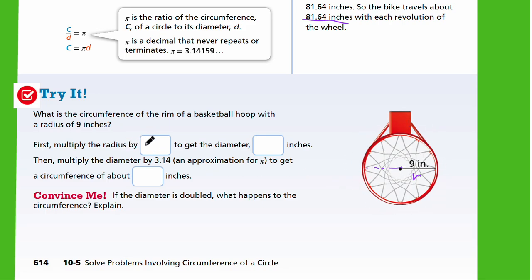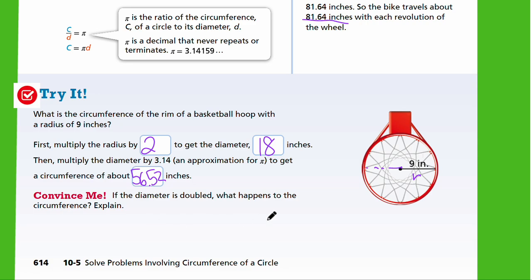So radius by 2 to get the diameter because it's double radius, which is 18 inches. Then multiply the diameter by 3.14 to get a circumference for about 56.52. Okay, so there we go.